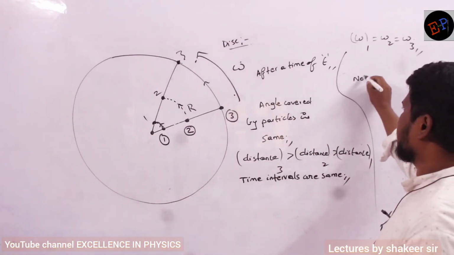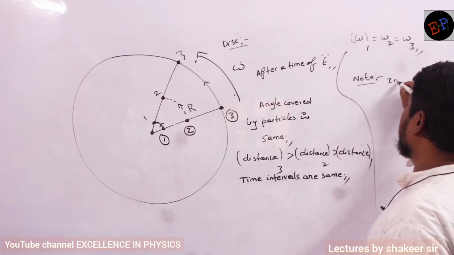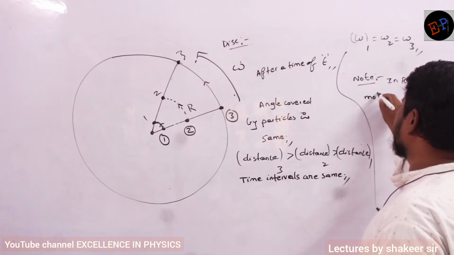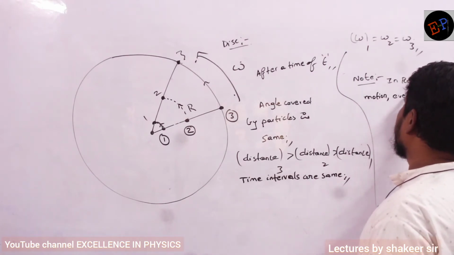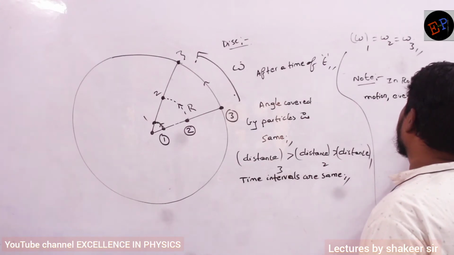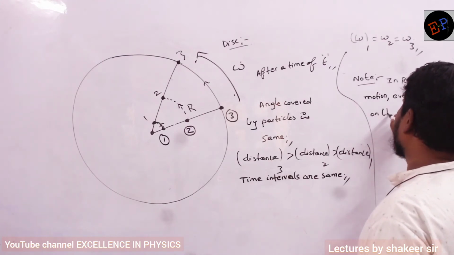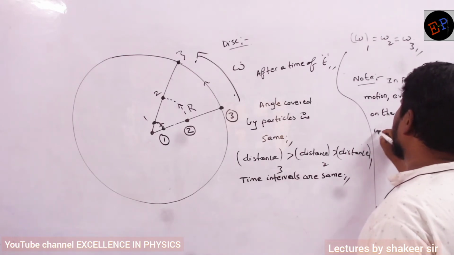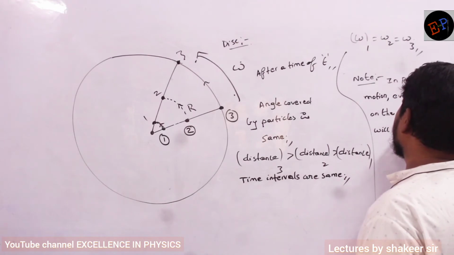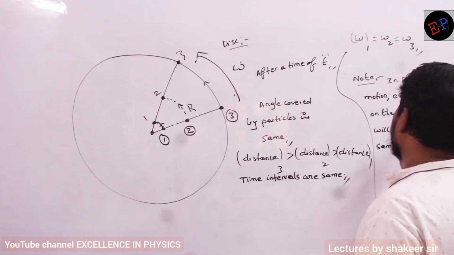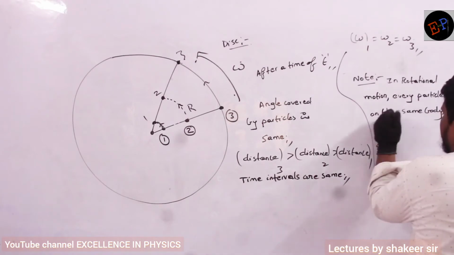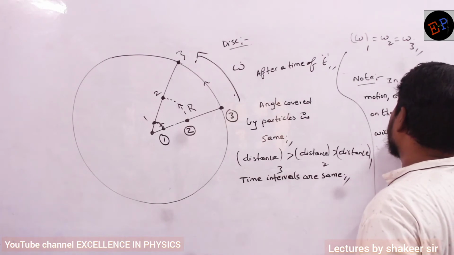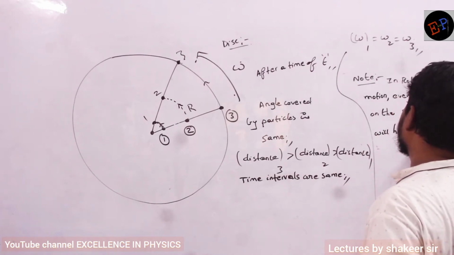So that is the note point here we have to write. In rotational motion, every particle on the same body will have the same angular velocity.